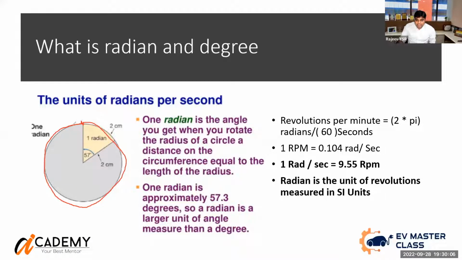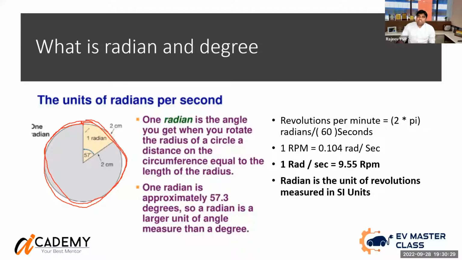It started here and it came here, right? How many degrees has it covered? Come on, guys. 360 degrees. Oh, sorry, I'll put the chat box here. So it has covered 360 degrees. 360 degrees is nothing but a full rotation.